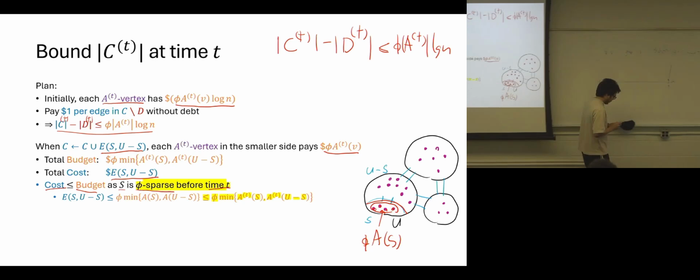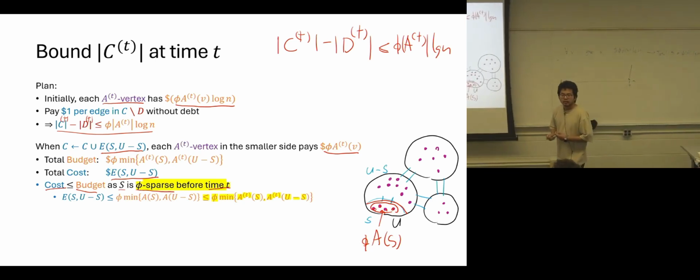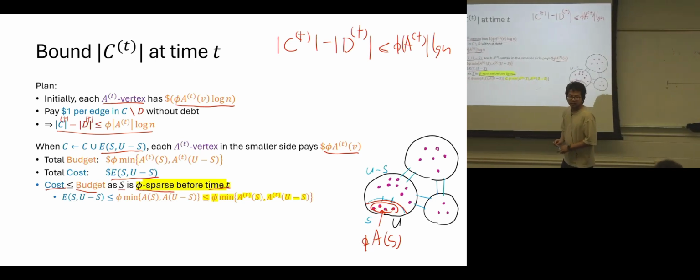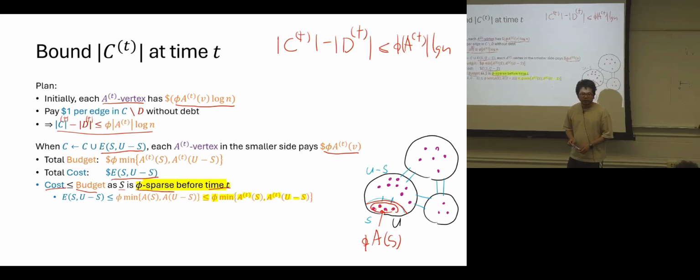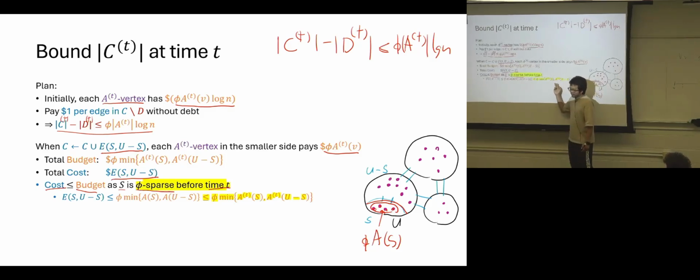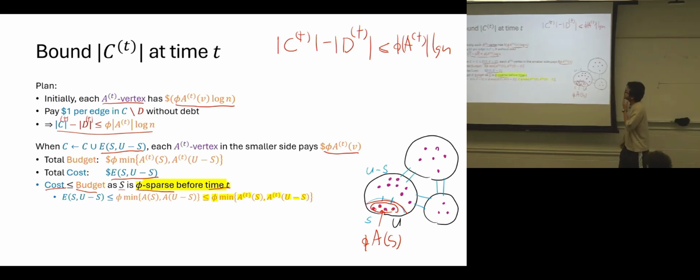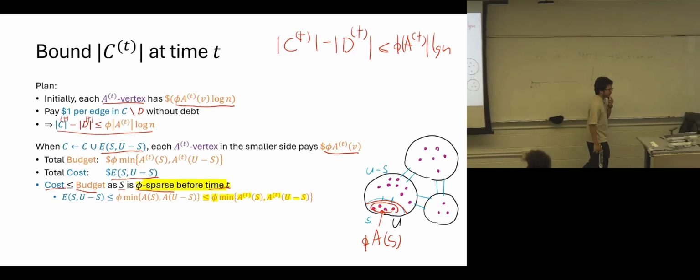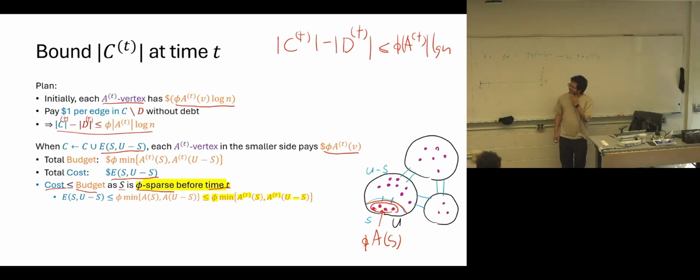We're basically using A at time t as a way to bound A at any point in time. This is also a reason why I need that A only increases. This wouldn't be true if A could decrease. So this is a bit subtle.